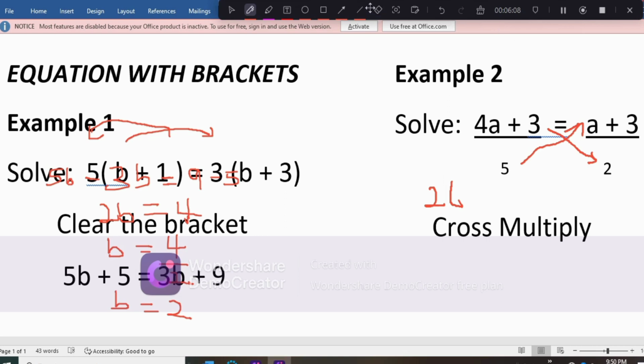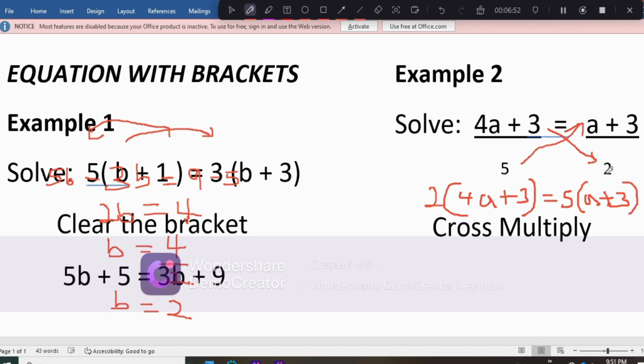Let's apply the bracket again. 2 times (4a + 3) equals, on the other side, 5 times (a + 3).